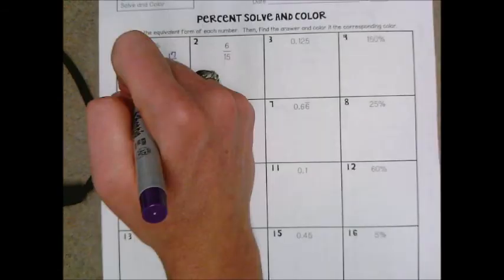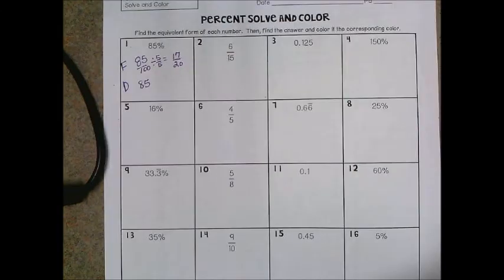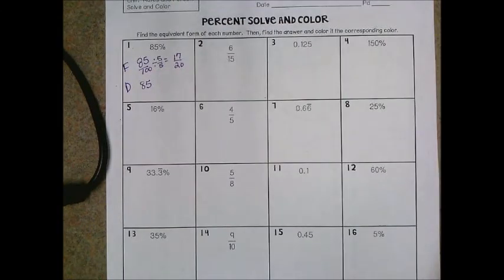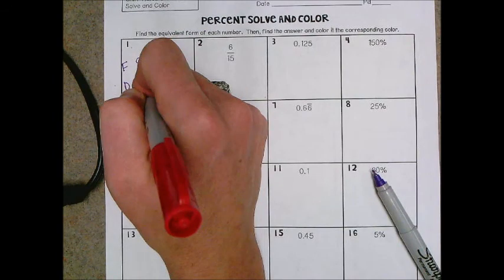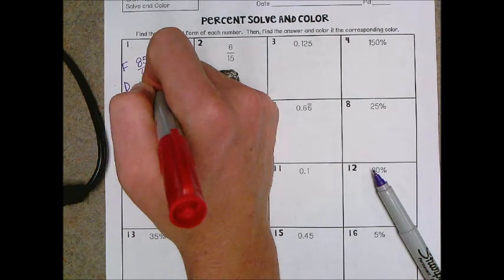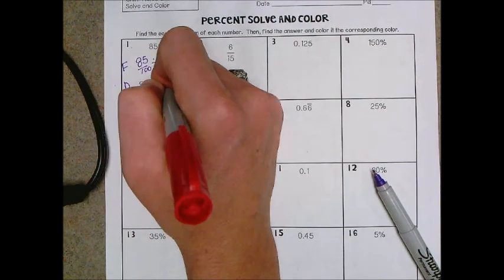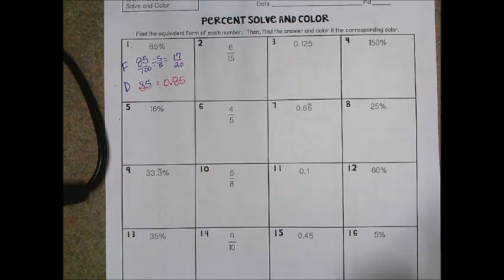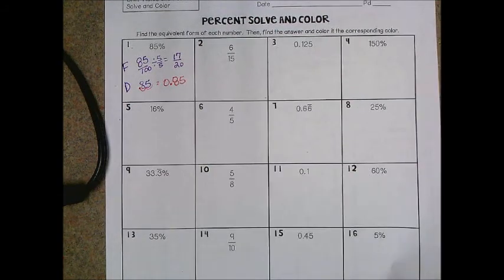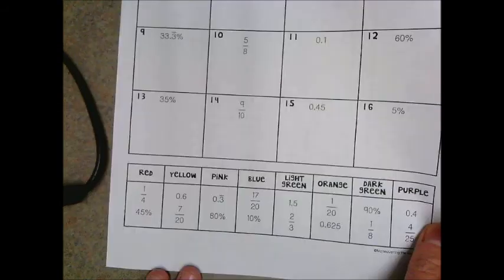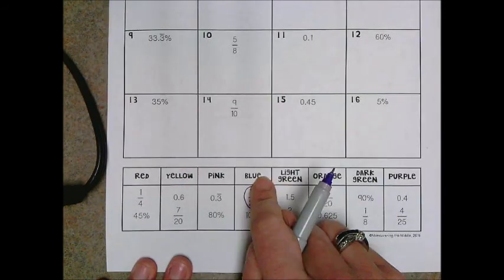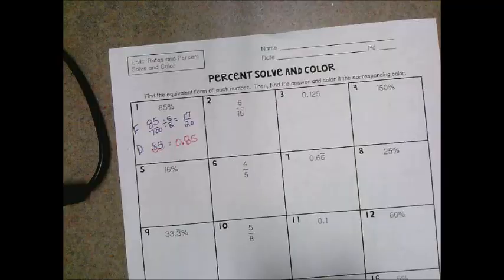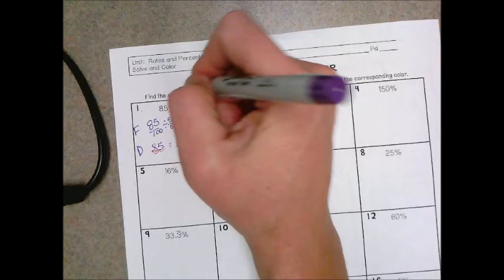It means move my decimal 2 spots to the left, and my answer is 0.85 or 85 hundredths. Now I go down to the bottom and I look for either one of these answers. And I find 17 twentieths, and that means I color the number 1 blue. So I write blue here in the blocks.